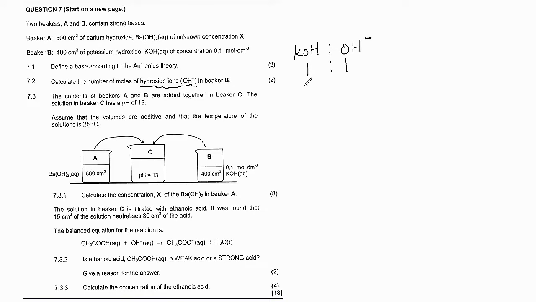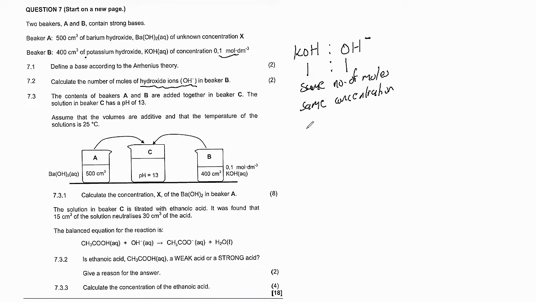They have the same number of moles and the same concentration, for the same constant volume. So to calculate the number of moles, we can just use the information here. We are given 400 cm³ of potassium hydroxide of concentration 0.1 mol/dm³.